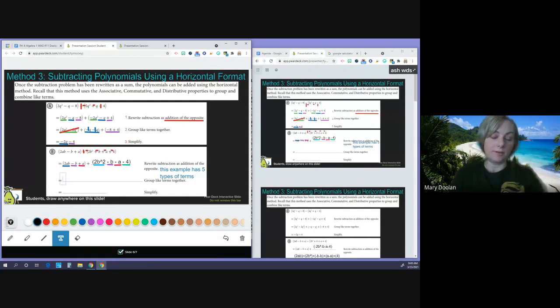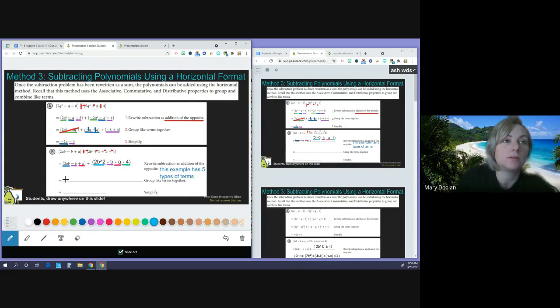I am going to type 2b squared first. Maybe I will just use the pencil colors to do it instead. There's only one of those. Then I'm going to put the 2ab term next, plus 2ab.